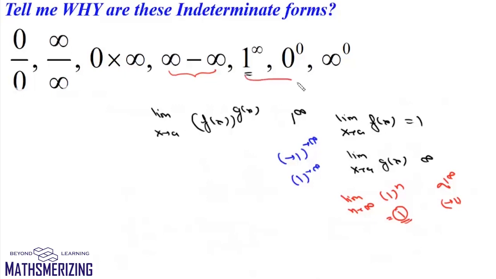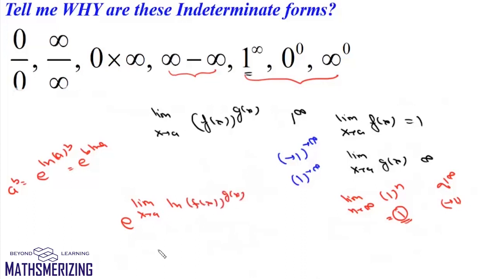Now for all the remaining 3 forms, we'll simply use the fundamental that a to the power b is e to the power ln a to the power b, which is e to the power b ln a. So for this first one, we can write this limit as e to the power limit x tends to a of ln f(x) to the power g(x), and it'll be limit x tends to a g(x) into ln f(x).